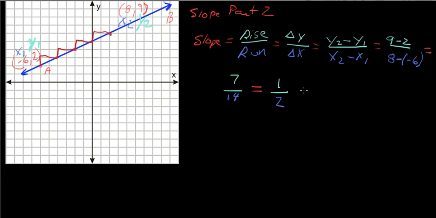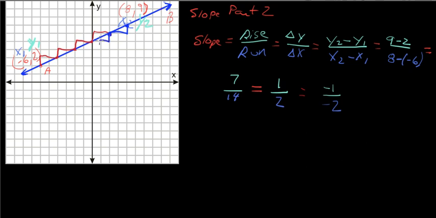But remember, this is also equal to -1 over -2. So what does that all mean? That means if I start at this point right here on the line, if I go down 1, that's -1, and to the left 2, that's -2, then sure enough, I'm at another point on my line.